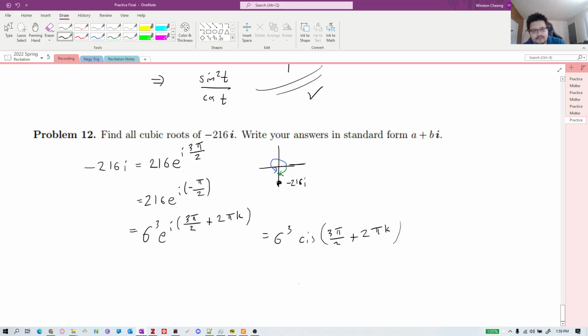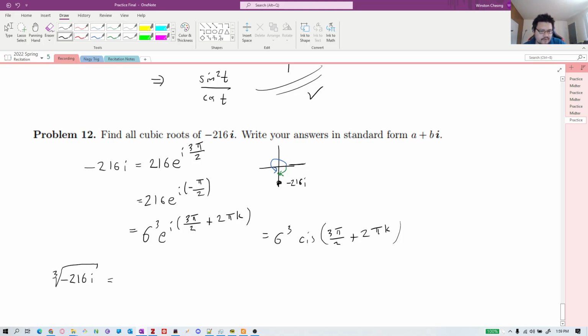And then by De Moivre's formula, when we want to take the cube root of this 216i, what happens is that for complex numbers, the radius ends up being rooted.